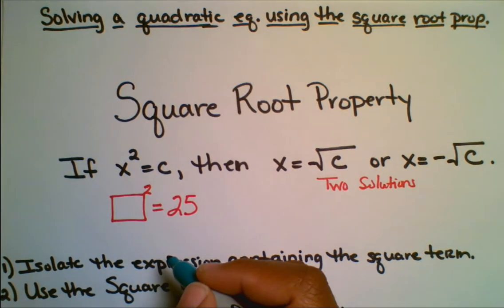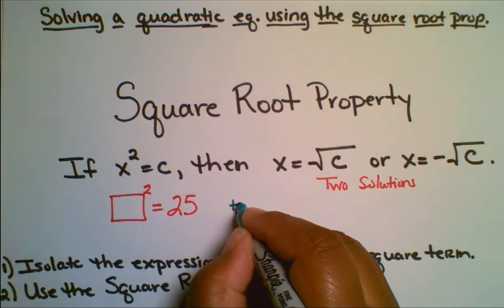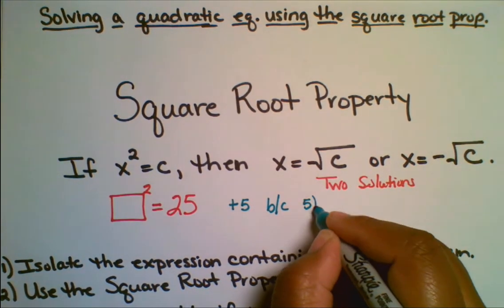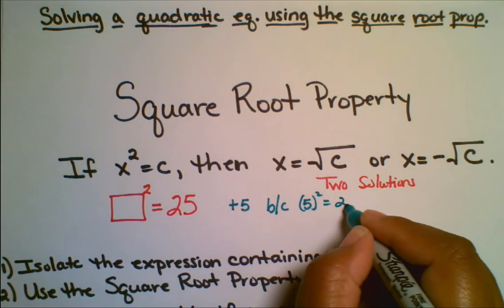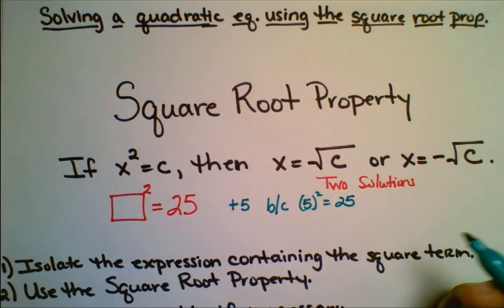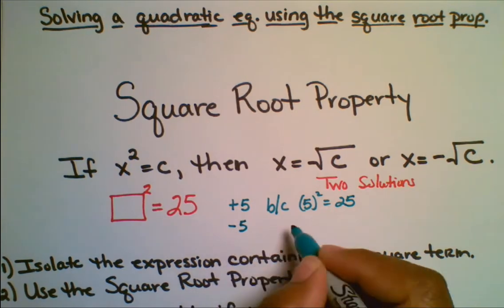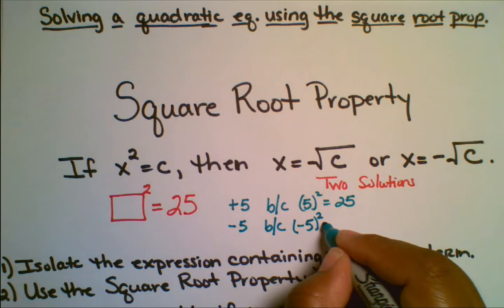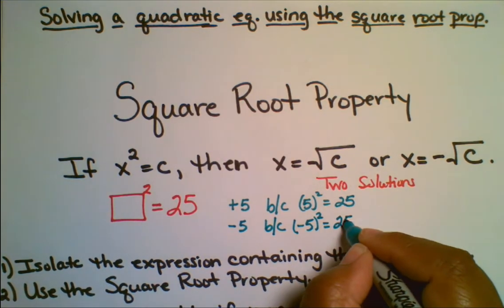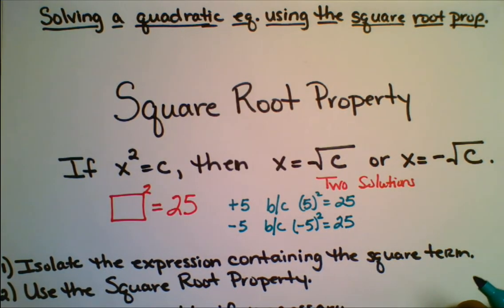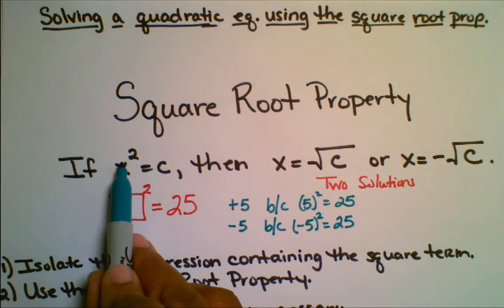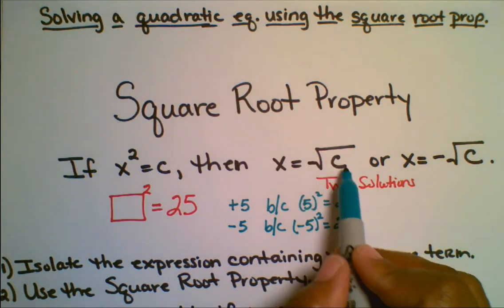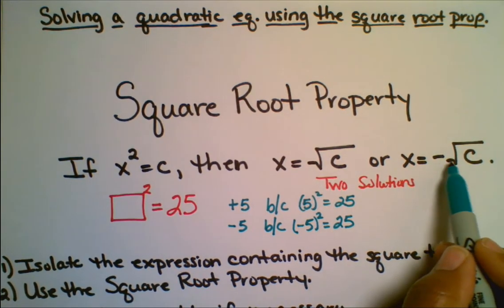We can put in a positive 5 because positive 5 squared gives us 25. And we can also put in negative 5 because the quantity of negative 5 squared gives us 25. So if x squared is equal to c, then x is equal to the square root of c or x is equal to negative square root of c.